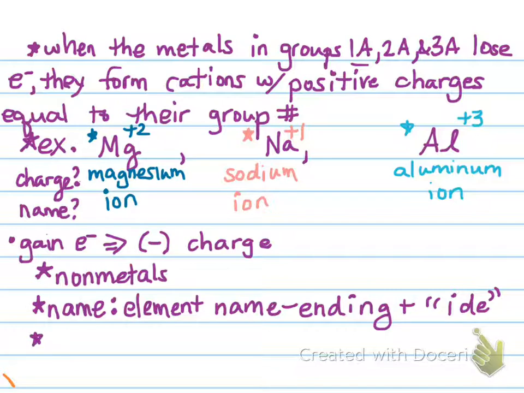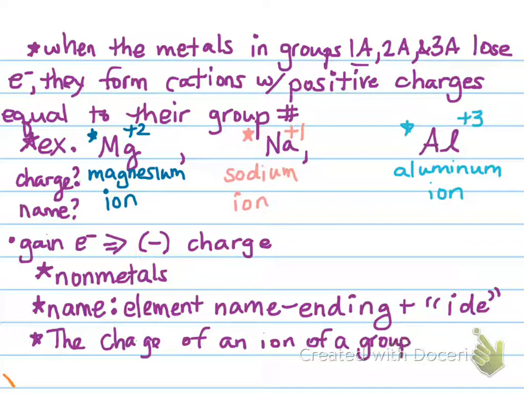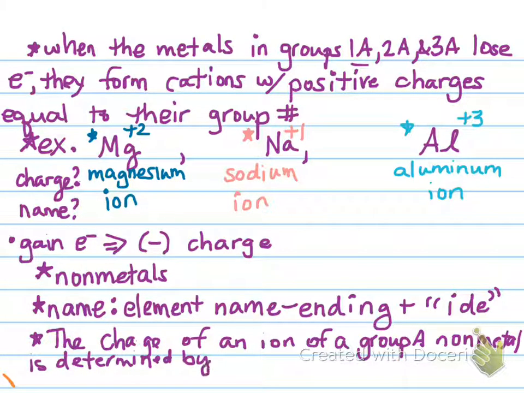For these, the charge of any ion of a group A nonmetal, and group A just means, remember, we're talking about tall columns on the periodic table, is determined by subtracting eight from the group number.